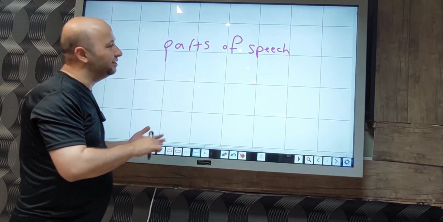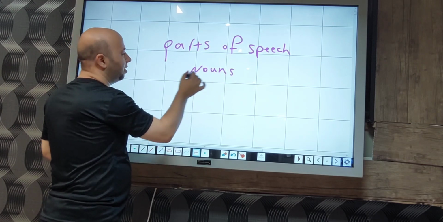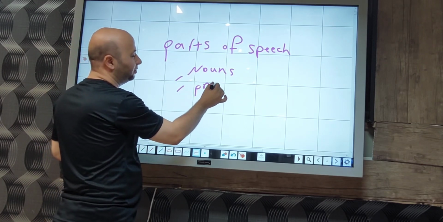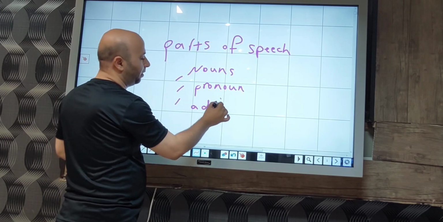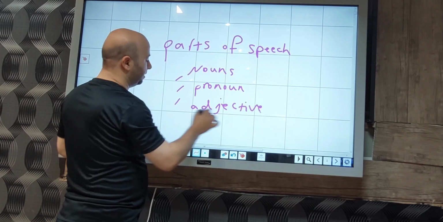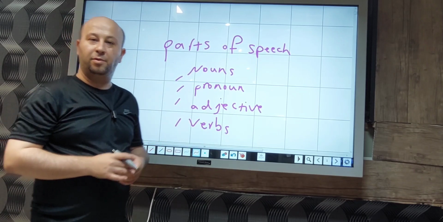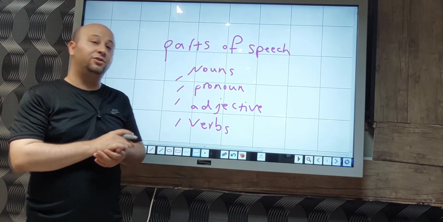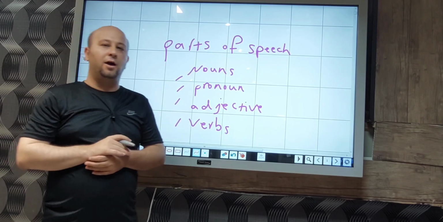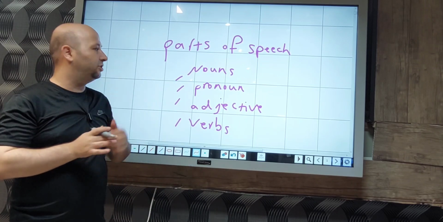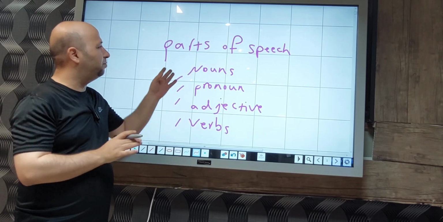Some of them are considered nouns, some are pronouns, some are adjectives, and some are verbs. Some are prepositions, interjections and adverbs. Along with the others I just told you, there are approximately 8 kinds of parts of speech.